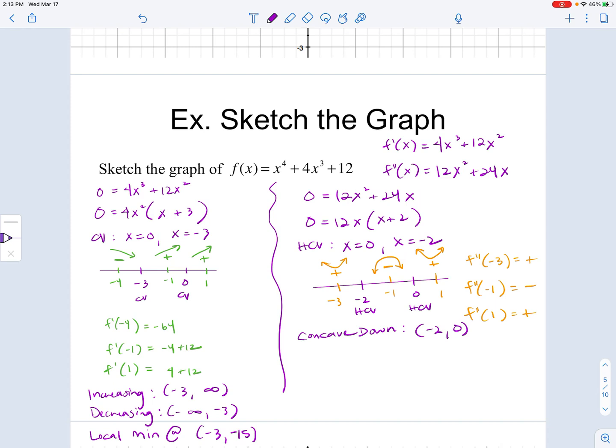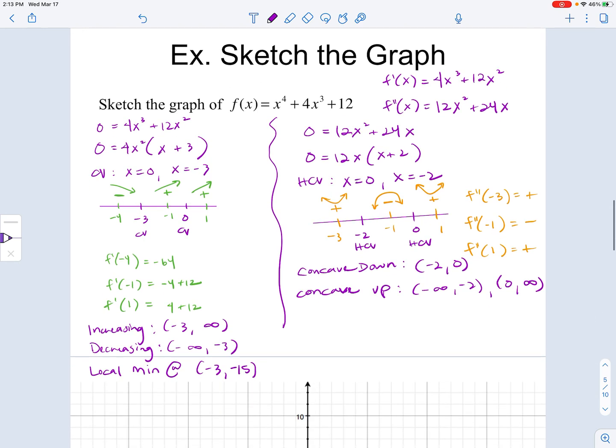So we can say the function would be concave down from -2 to 0, the open interval, and concave up from -infinity to -2, and then again from 0 to infinity. So it looks like we'll actually have 2 points of inflection.